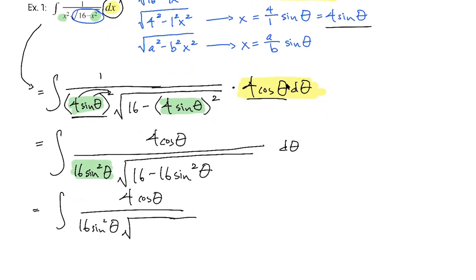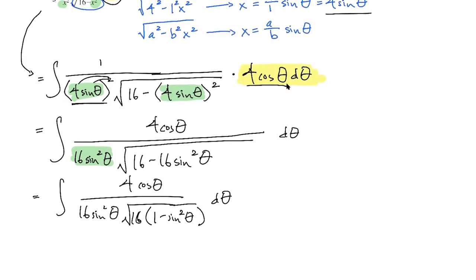And I'm going to go ahead and factor out that 16. So 16, 1 minus sine squared theta, d theta. Now this 1 minus sine squared, I can replace that with cosine squared theta.